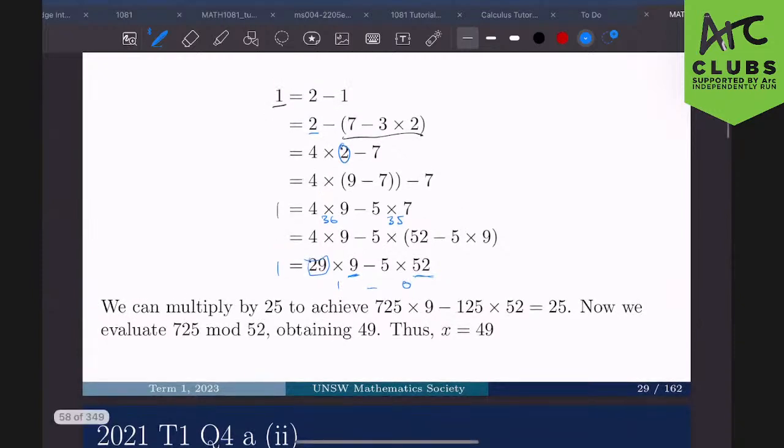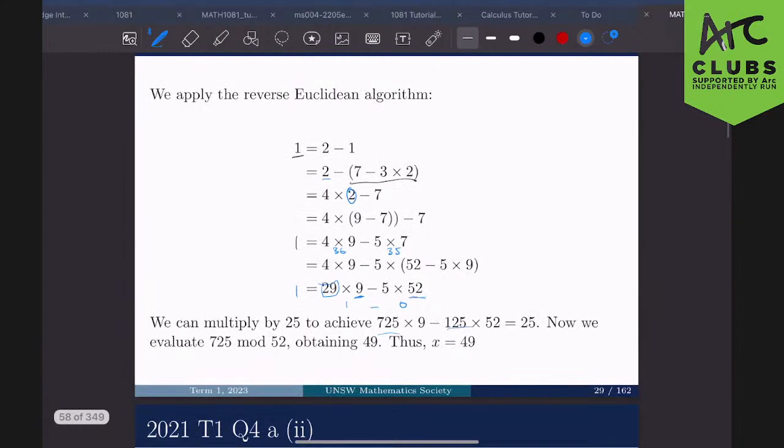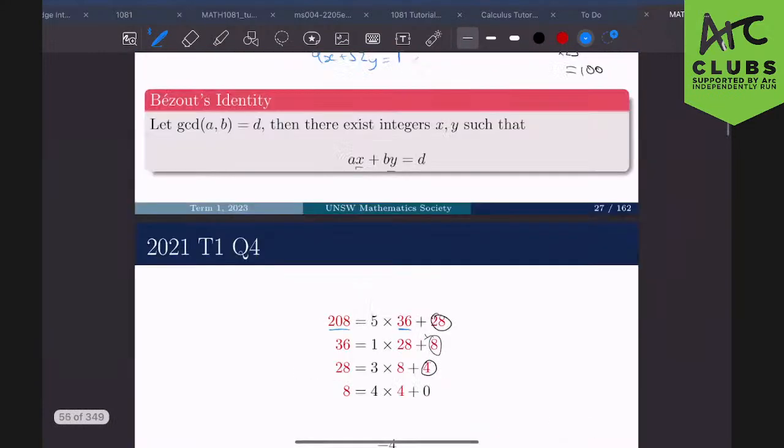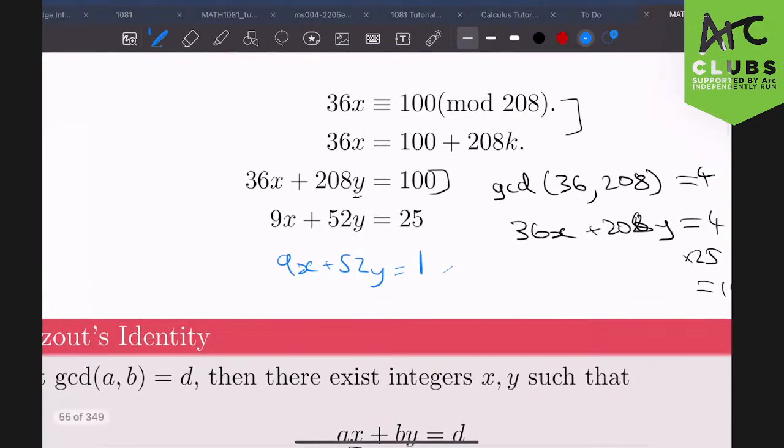So, as you can see, our coefficients become this, and now we have to think about what this equation actually represents.